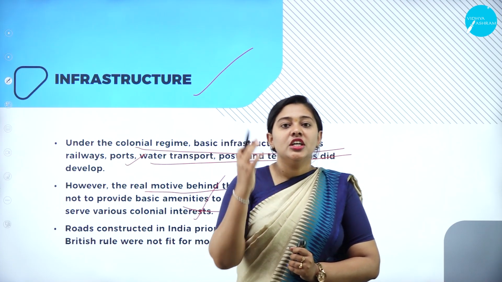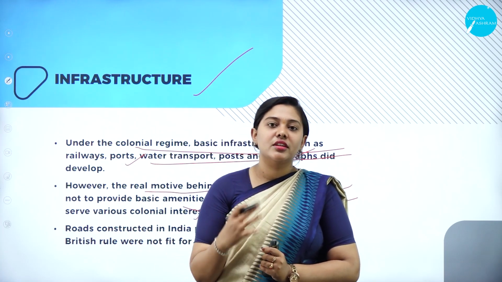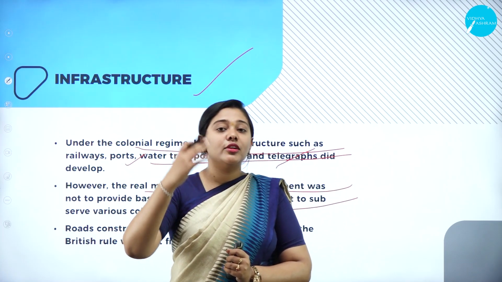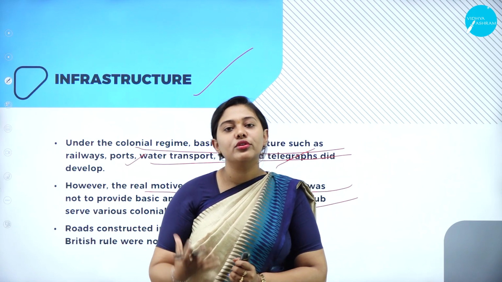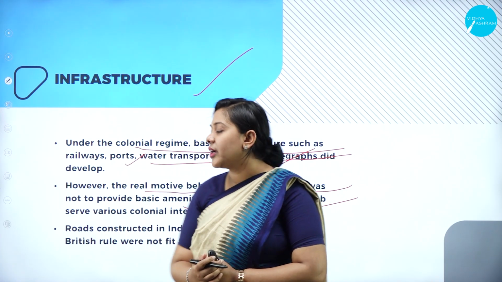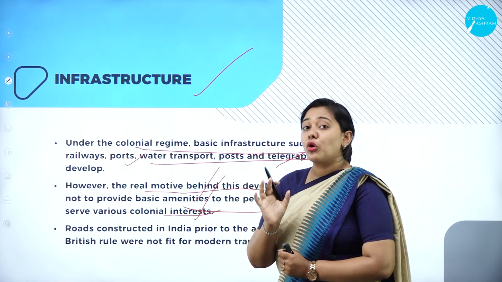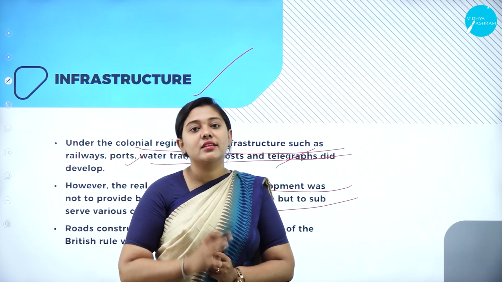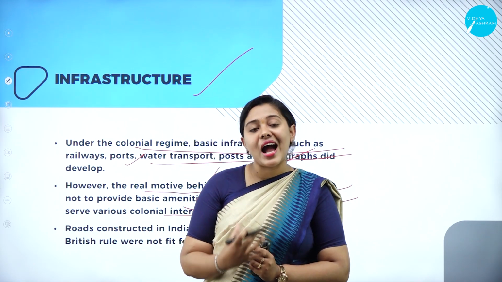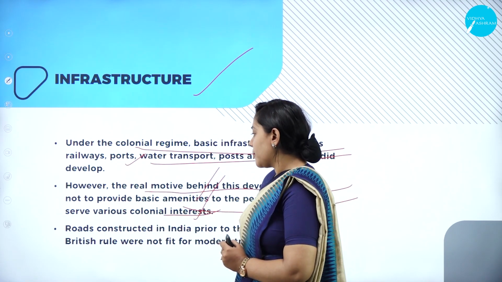The British needed all these things to export our resources, they wanted to loot the resources, they wanted to loot the commodity products, everything to pass from one country to another country. So they were there for colonial interest, but not to provide any of the basic structure for our Indians. That was the reason why all this was there.